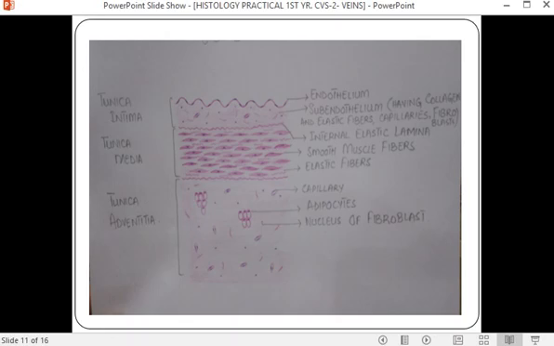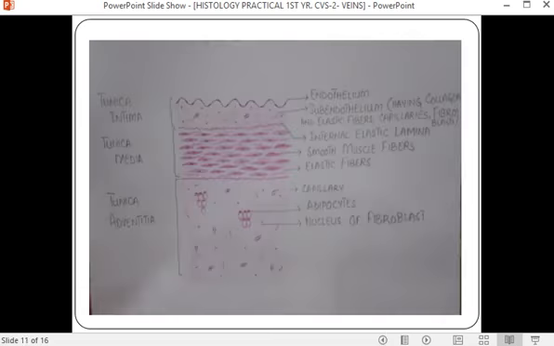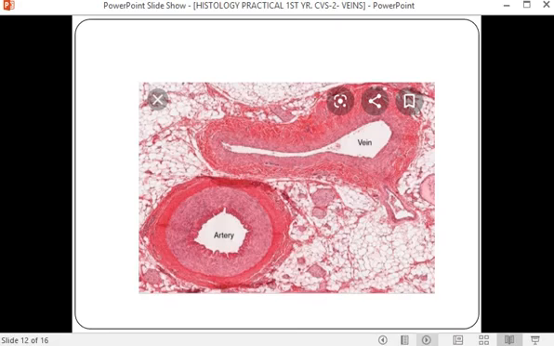Tunica media contains smooth muscle fibers along with the elastic fibers and collagen fibers. Then we have tunica adventitia. Tunica adventitia is composed of connective tissue fibers, and it also has adipocytes in it, nuclei of fibroblasts are present, and capillaries are present.